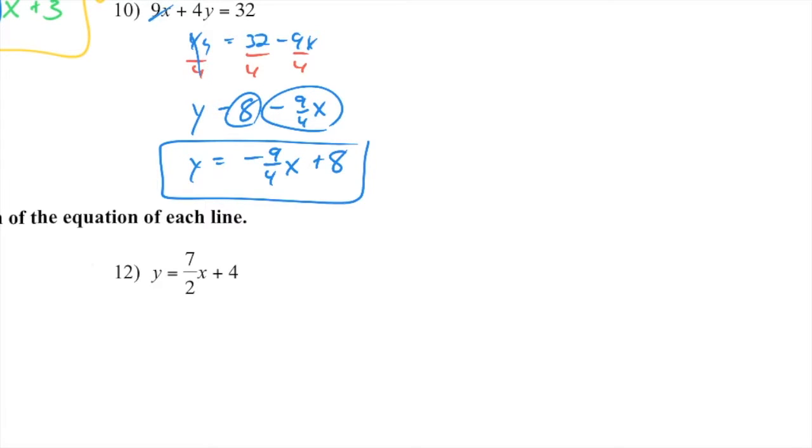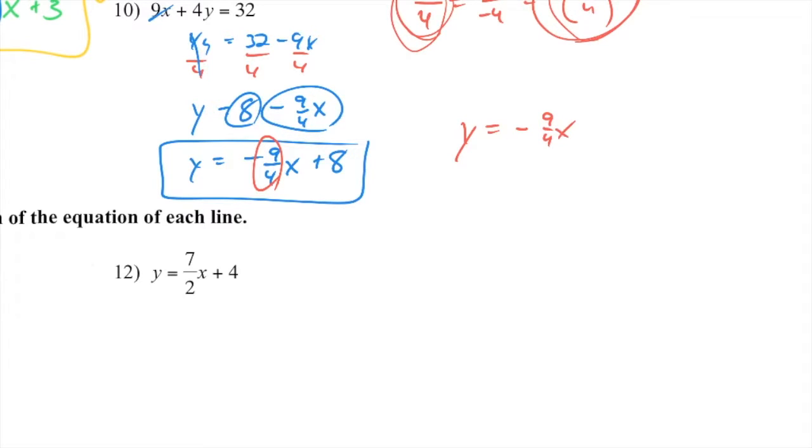With this slope, it really doesn't matter if you call it -9 over 4, or 9 over -4, or negative 9/4. I like writing it like this best, but thinking about it like this best. I think it looks crisp if it's negative 9/4 x plus 8.